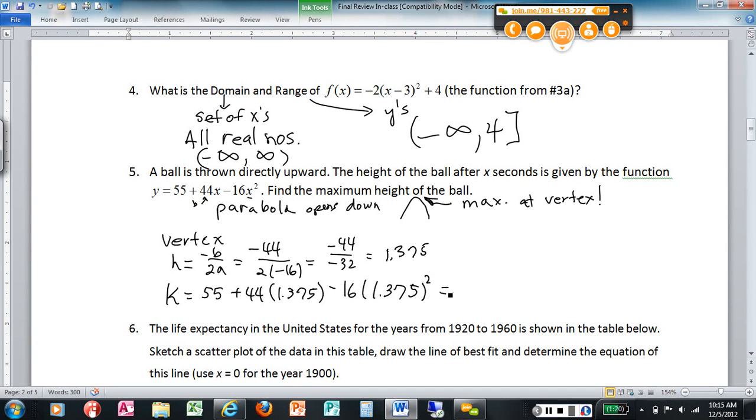All that, plug that into my calculator here. Somebody got it? $85.25?